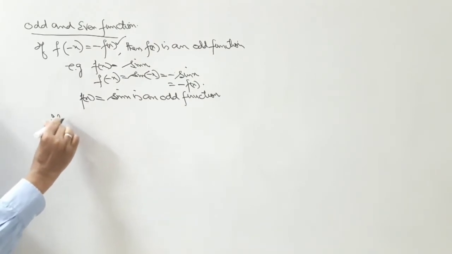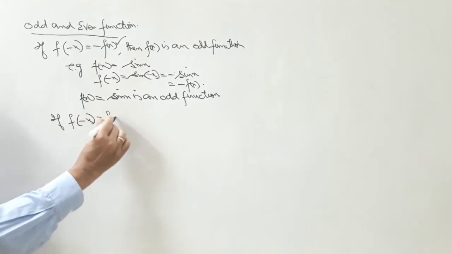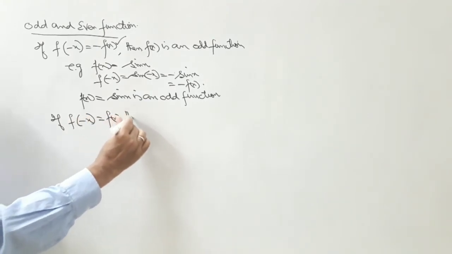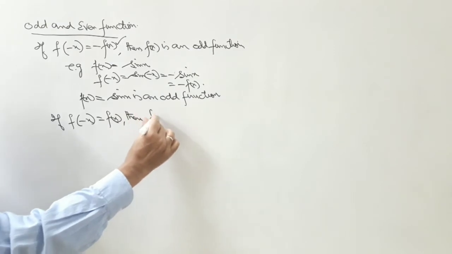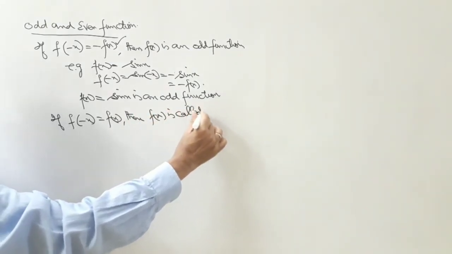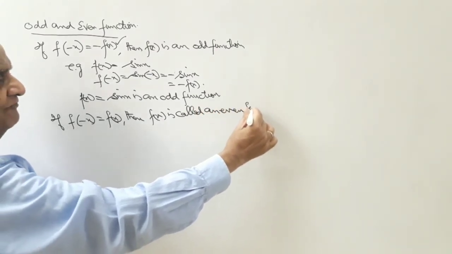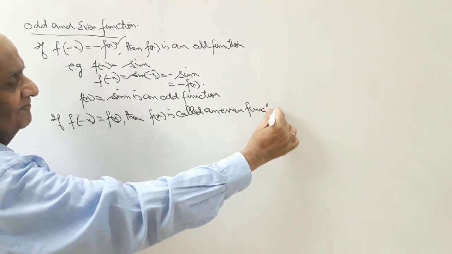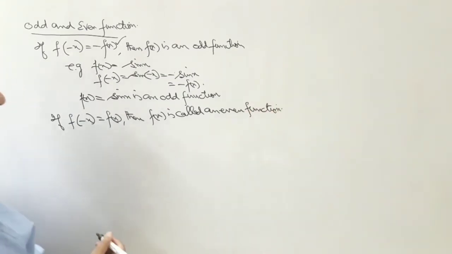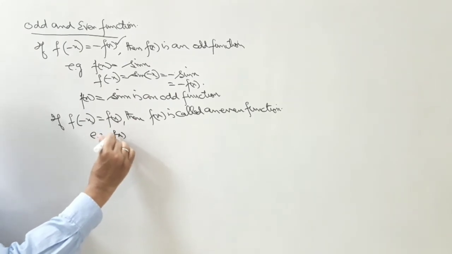Similarly, if f of minus x is equal to fx, then fx is called an even function. Say, for example, f of x is equal to cos x.